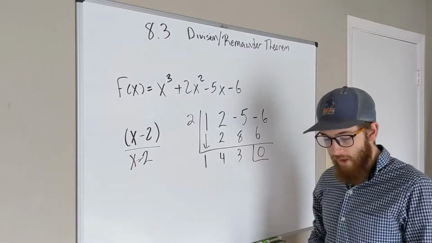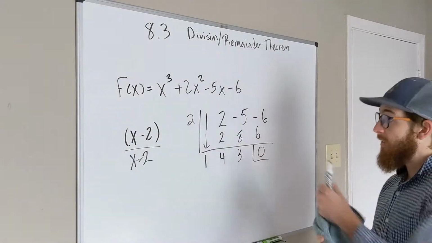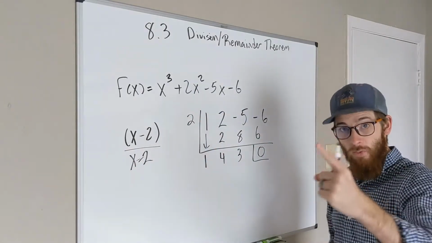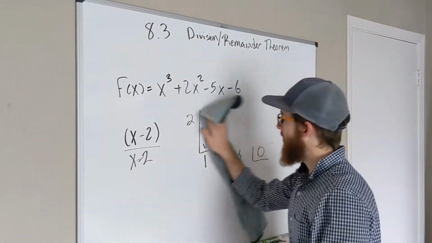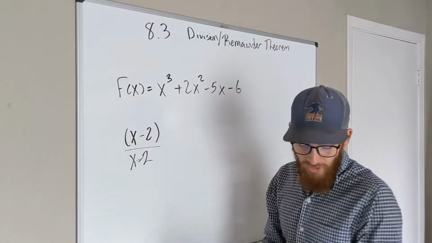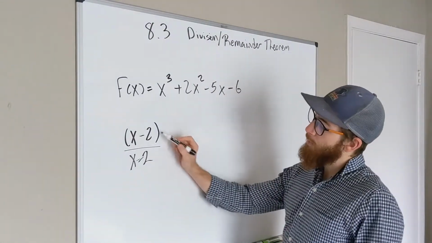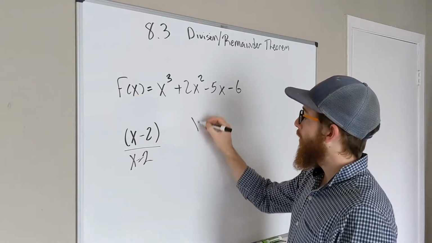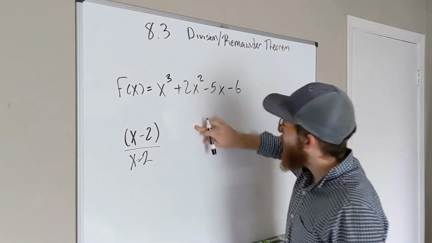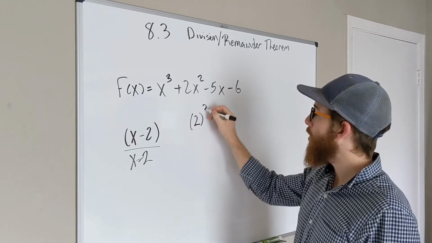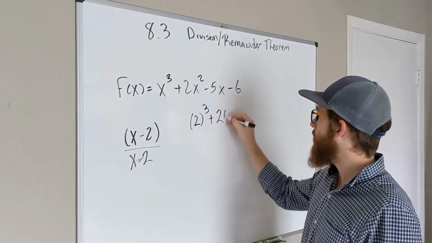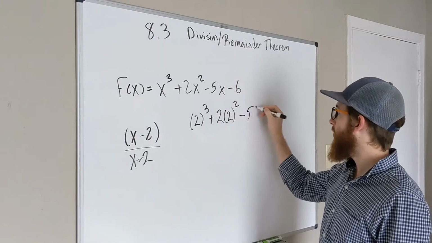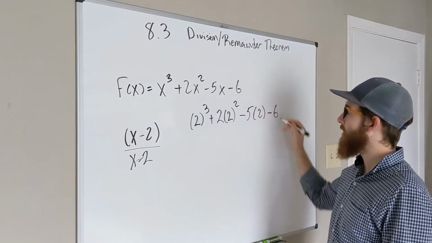Okay? Now, there's another way to check these numbers. Division is one way. Another way is, what if I just plug in the value 2 to my function? That would be 2 cubed plus 2 times 2 squared minus 5 times 2 minus 6.